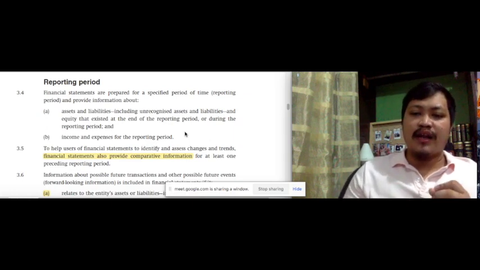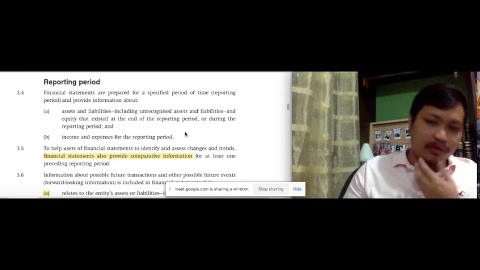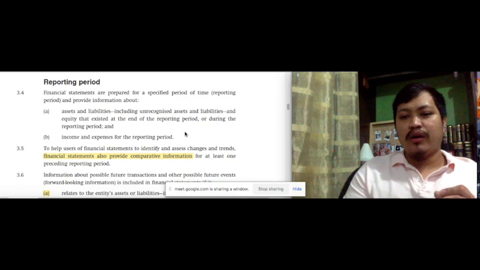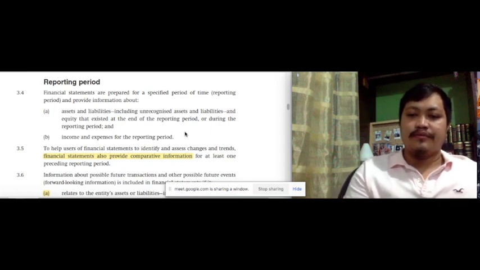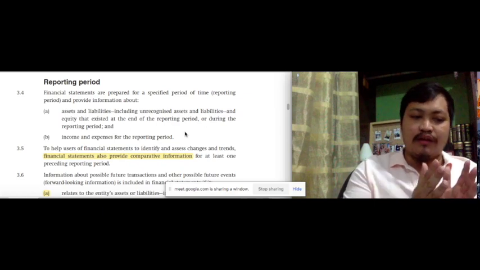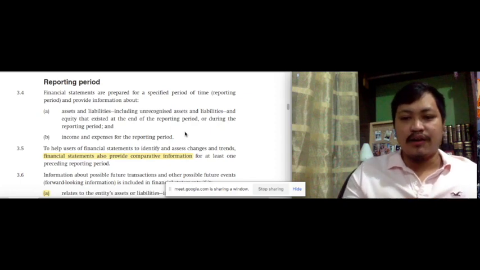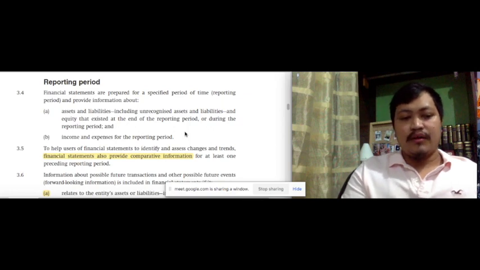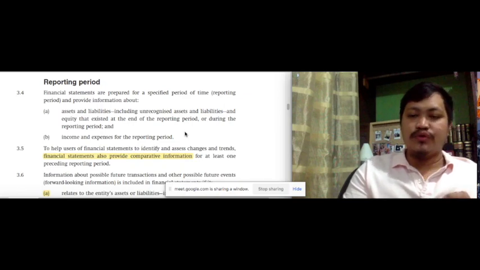So if you have something, class, that cannot be quantified in terms of money, then it will not be recognized. It would not be reported as part of our assets, liabilities, equity, income, and expenses. So for accounting to work, we must use a common quantifier, and in this case, our quantifier would be money. And for this quantifier to work, even for assets and liabilities that are non-monetary, the measurement currency that we use should be stable.